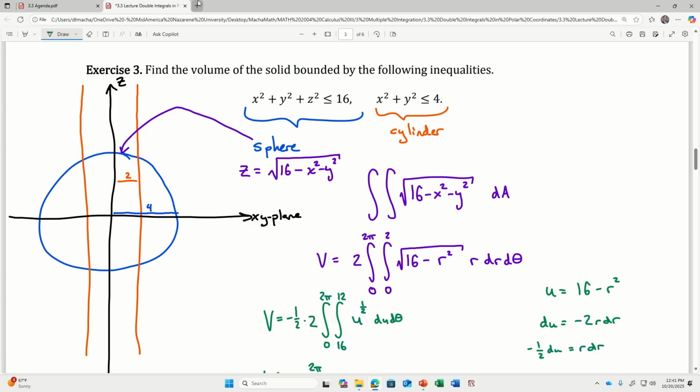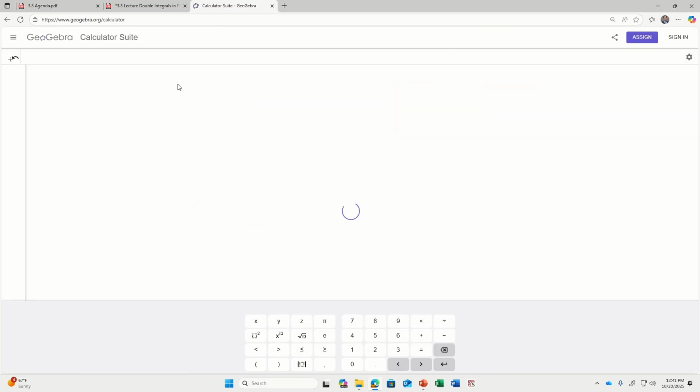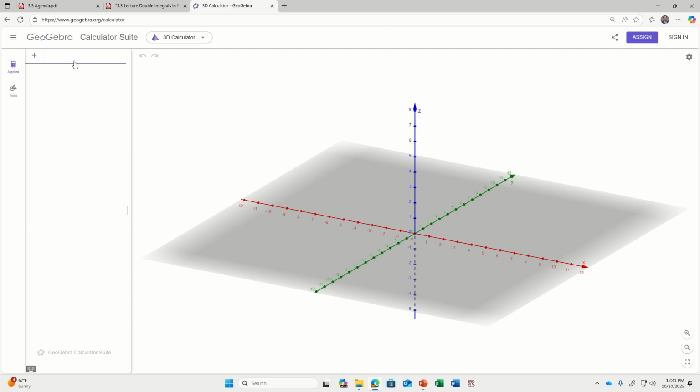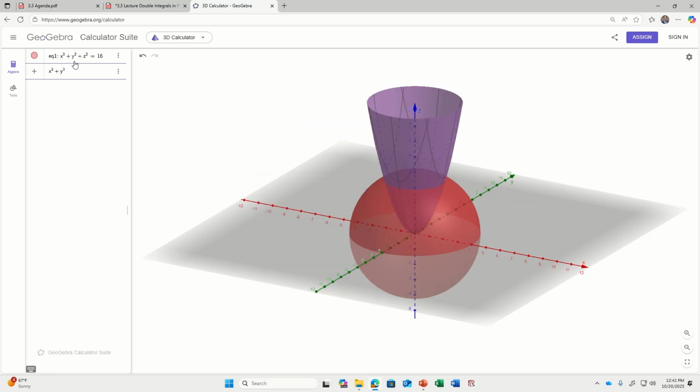Blake probably wants to see this in GeoGebra. So if we have x squared plus y squared plus z squared equals 16, and then x squared plus y squared equals 4. Ooh.